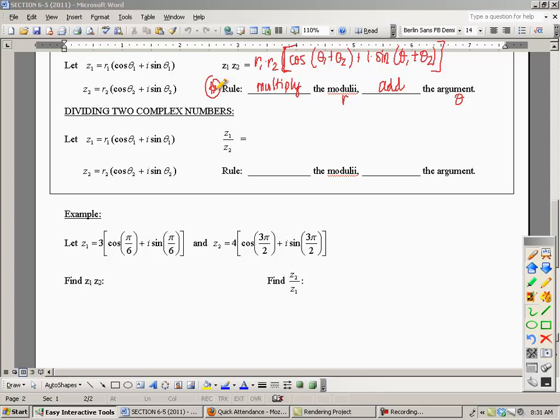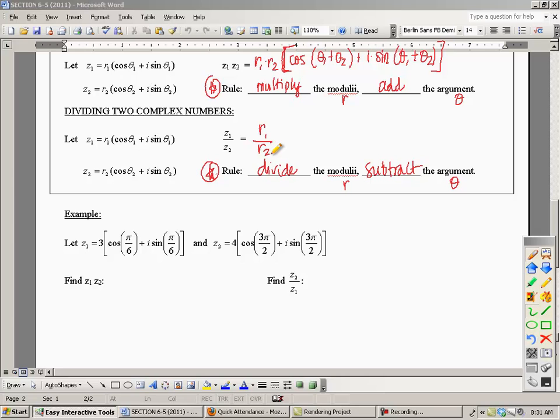Okay? When you divide them, similar idea. Instead of multiplying the moduli, we're going to divide the moduli, and instead of adding the arguments, we're going to subtract the arguments. Okay? Again, moduli is the R's, arguments are the thetas. So let's take a look at what it looks like.